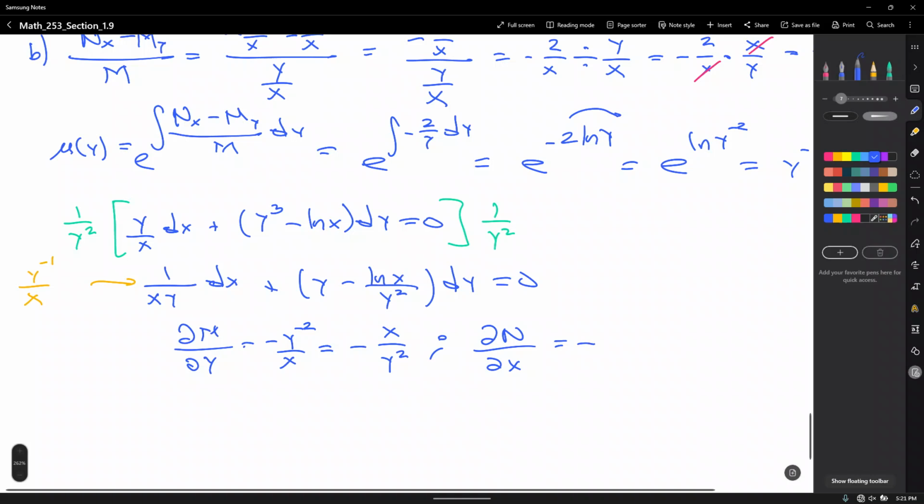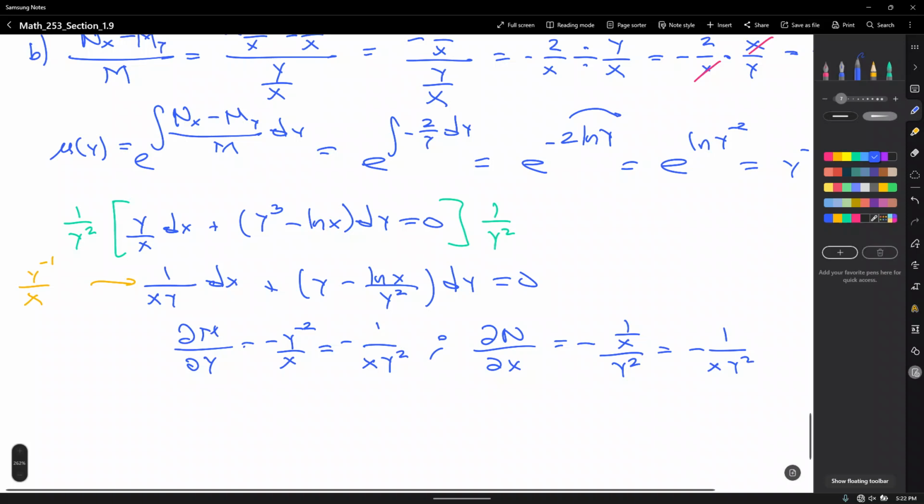The partial of m, it has to be the x on the bottom. Oh yes, the other way, right? Oh yes. Also, thank you. Okay, thanks. So let me fix that. And well, we are going to do negative 1 over x divided by y squared, which reduces to negative 1 over xy squared.